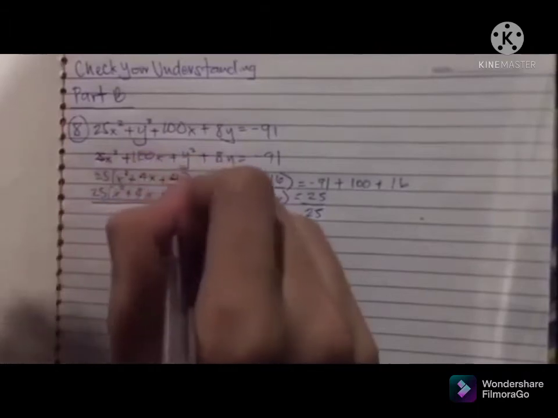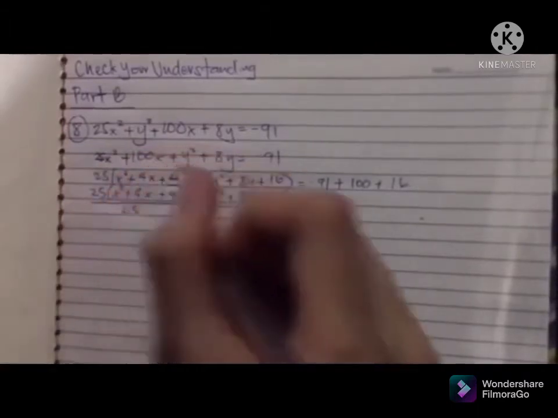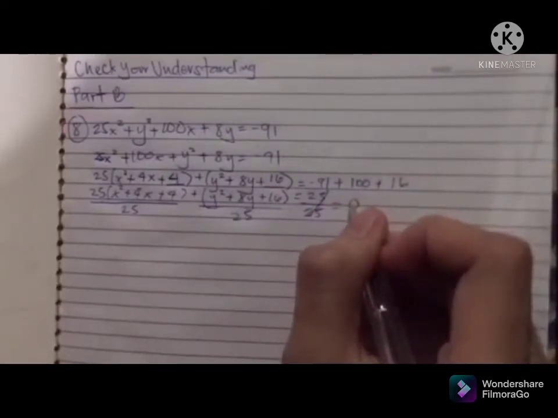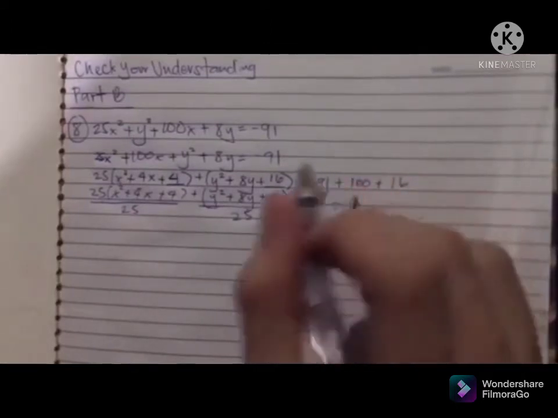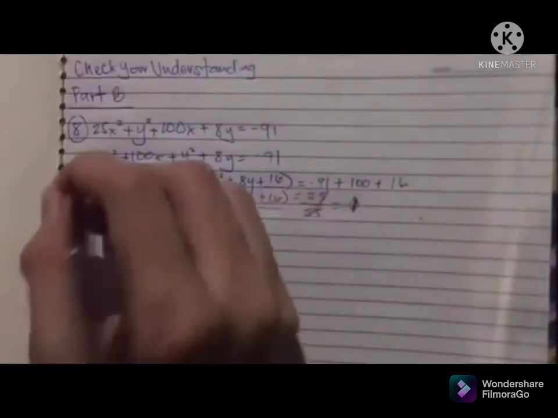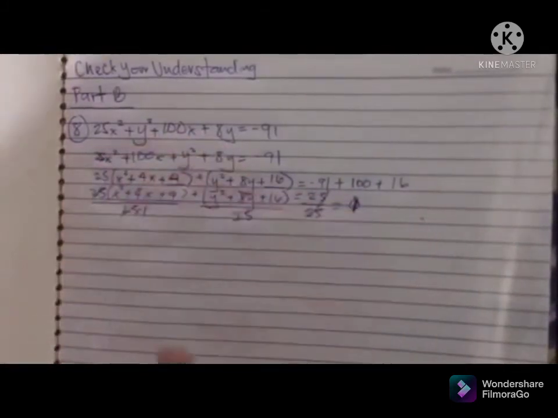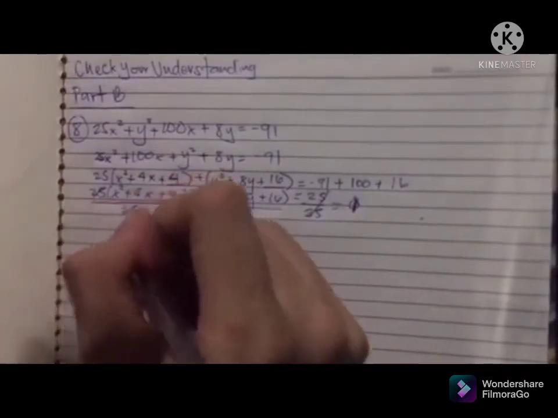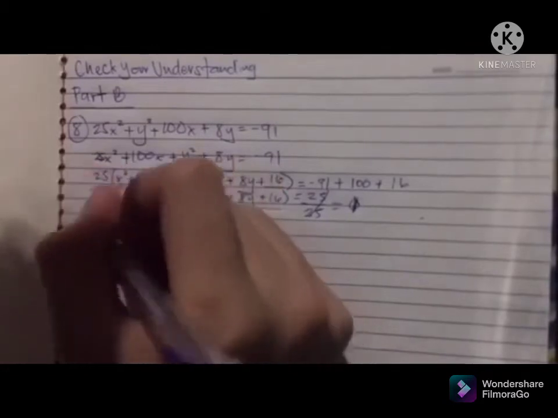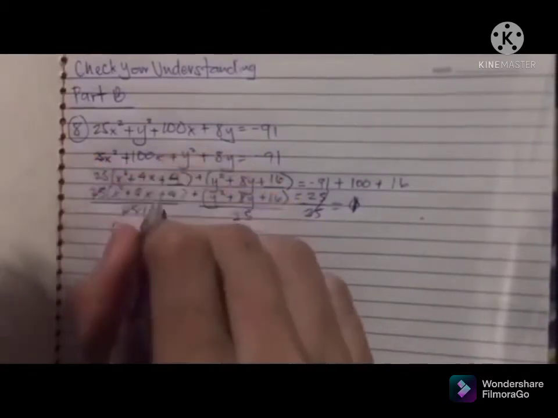Forgot to write it. Cancel out, 0, 1, we need a 1 on the right side of the equation, and cancel out, we have 1. So our equation will be like this, and this is a perfect square.